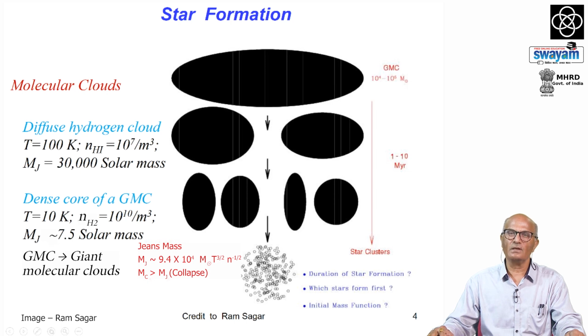The interesting thing is that finally each star becomes independent, and the entire process does not take a few years, but a few mega years, 1 to 10 mega years, and the end product is a star cluster.